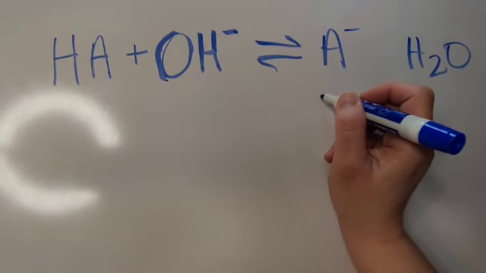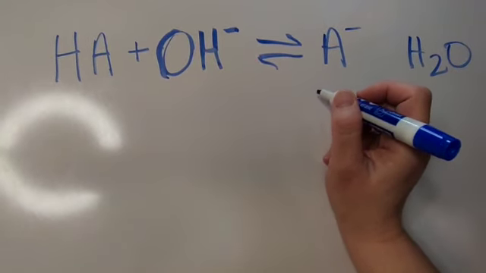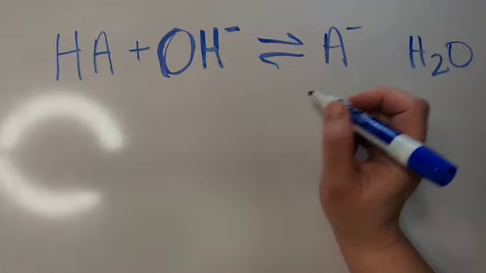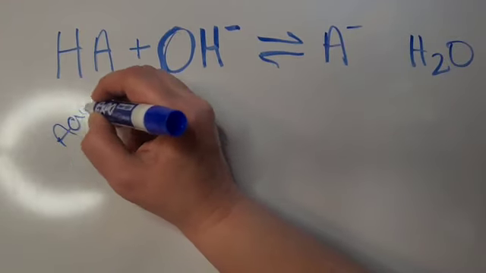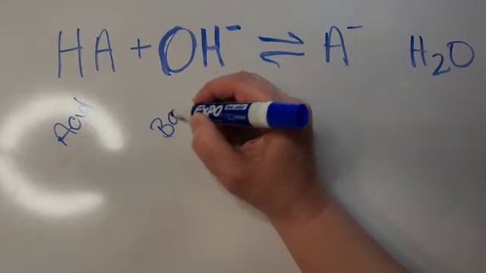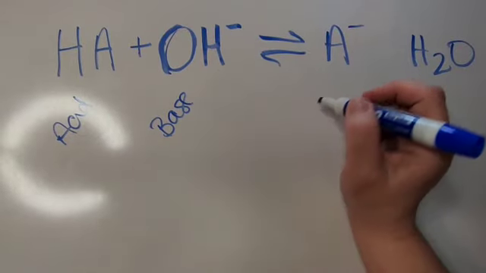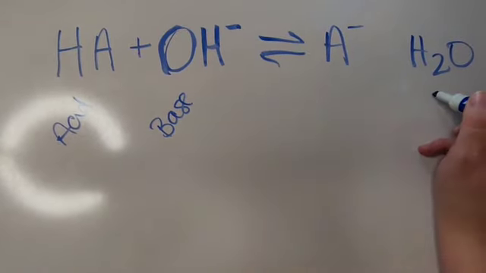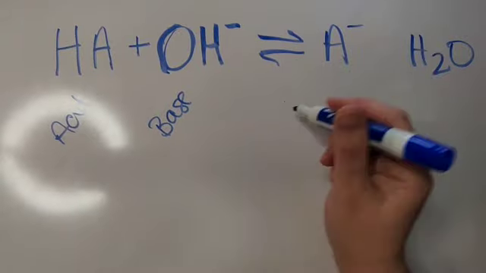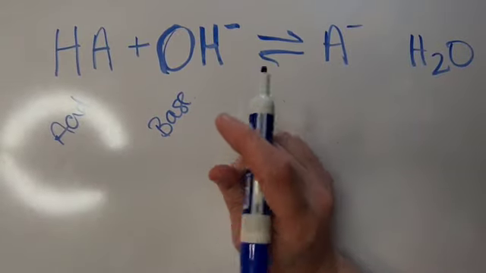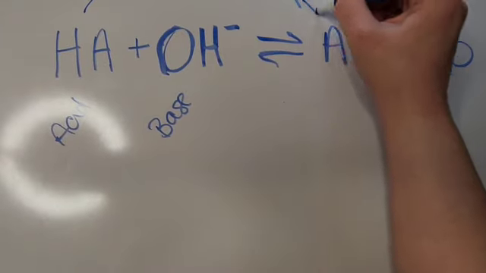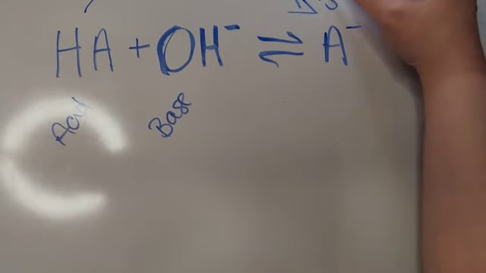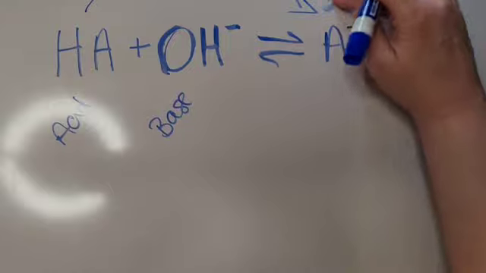So if you remember when we were talking about acid-base chemistry, you've got your acid here, and then you've got your base. And your conjugates are always going to be on the product side, and they're going to differ from your reactants by 1 hydrogen. So this right here is your conjugate.